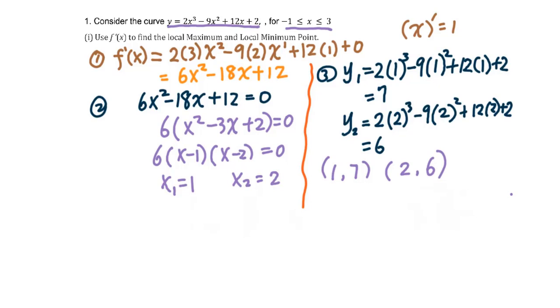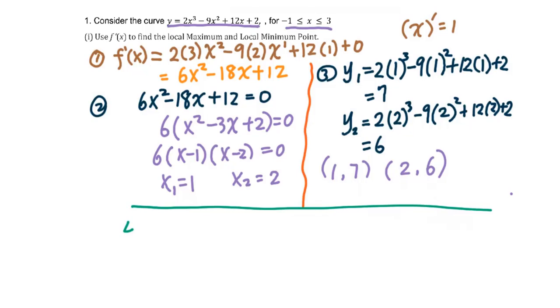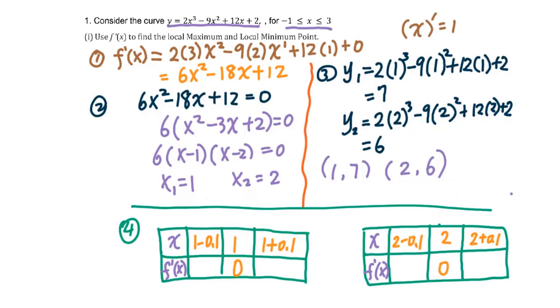Now we will analyze whether these 2 points are a local maximum, local minimum, or stationary inflection point. Let's go to the fourth step. We will classify through the neighbor value test. At x equals 1, we check the sign of the derivative at 1 minus 0.1 and 1 plus 0.1.